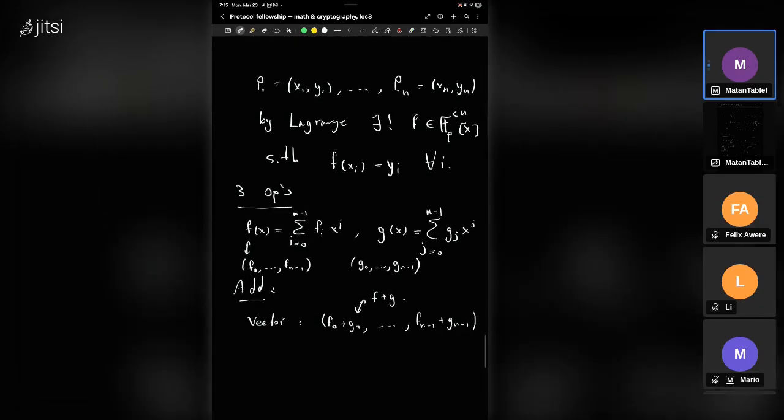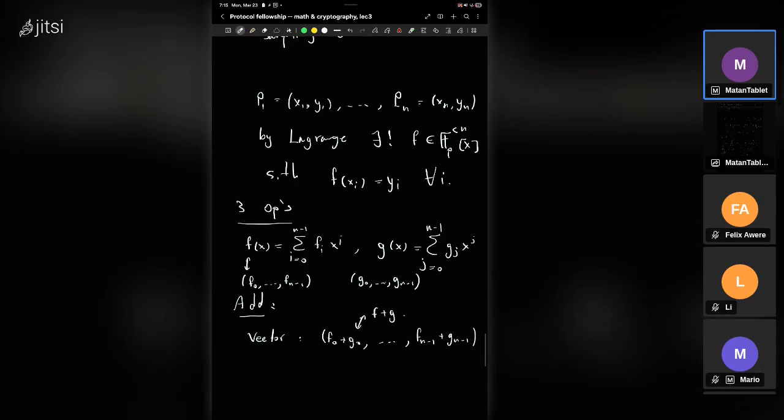When you want to add, if I give you the polynomial in the sampling representation, that is slightly different. So in the sampling representation, or you know what?